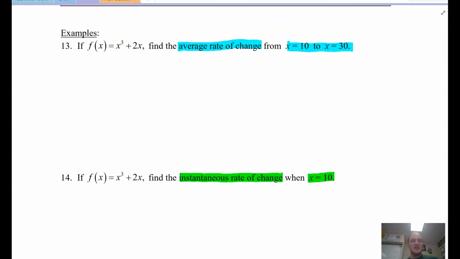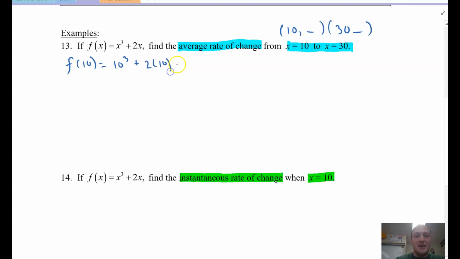For number 13, it says if f of x is equal to x cubed plus 2x, find the average rate of change from 10 to 30. Again, they'll give you x values, and what you need is your outputs. So just calculate your outputs. I plug 10 into my function, and we get 10 cubed plus 2 times 10, which gives us 1,020.